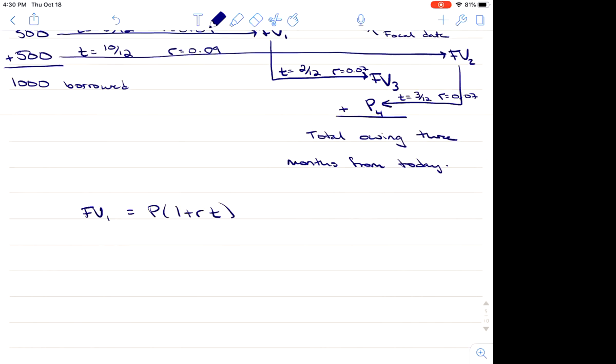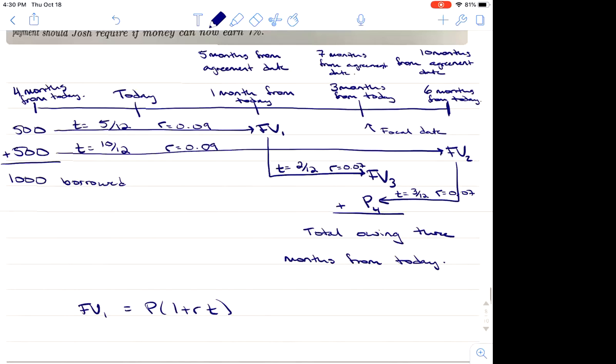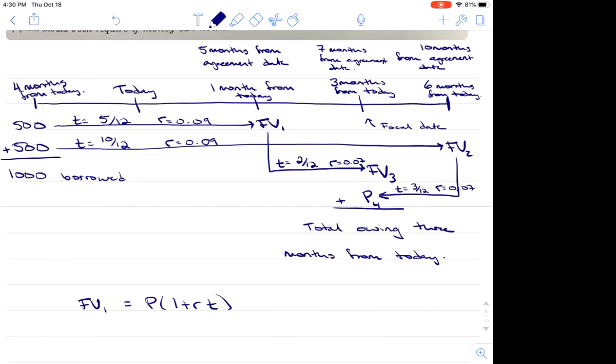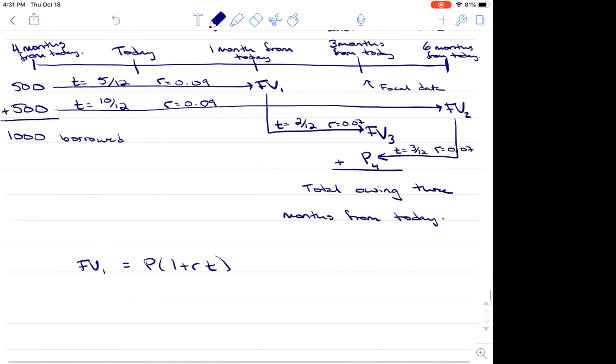The future value 1 becomes the number that you use as PV1, I'll make a note of it when we get there because it's the tricky part. It goes from a future value to a principal amount to calculate a new future value.